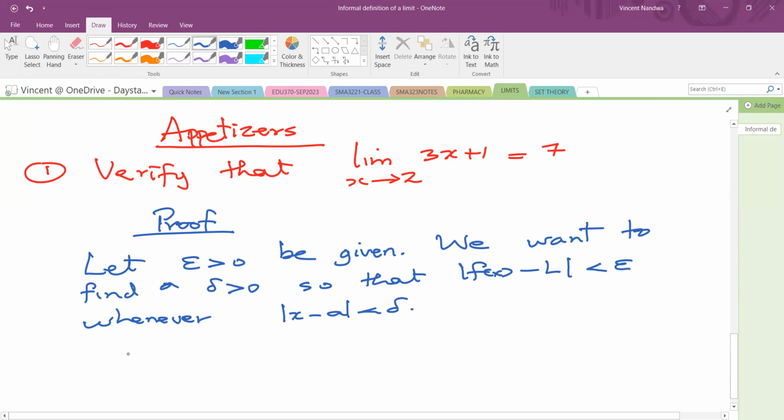And in our case, A is 2, f of x is given by 3x plus 1, and L is 7.